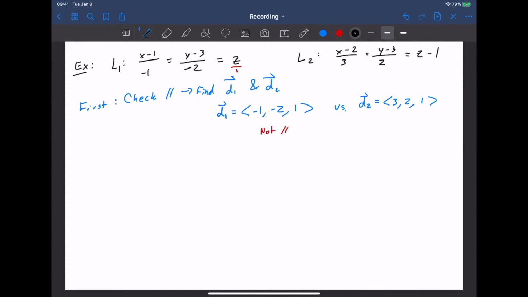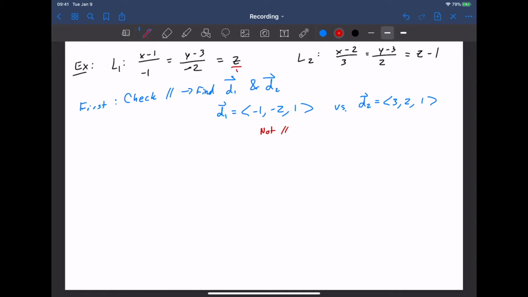So if we're not parallel, we're going to try to find the intersections. I'm going to try to relay the X information, the Y information, the Z information. It might help you to put these into parametric form. If you're having any trouble with that, we're going to show you the answer in a few seconds.